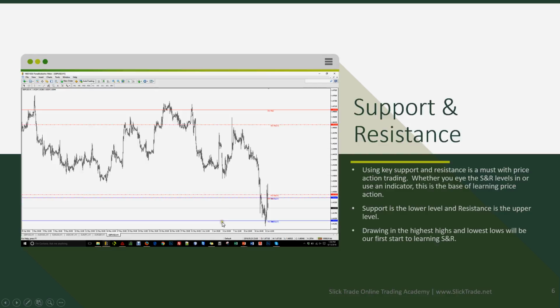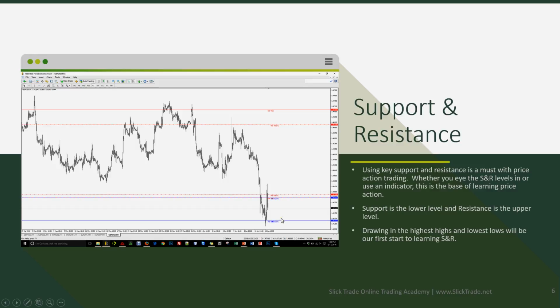So if you see these kind of bluish color lines, this one's hard to see, it looks more purple, but these here are support and these here are resistance, the red lines. And you can see in the indicator that I shared with you, there's an hourly resistance and hourly support, a daily resistance, a daily support, and a weekly resistance and weekly support.